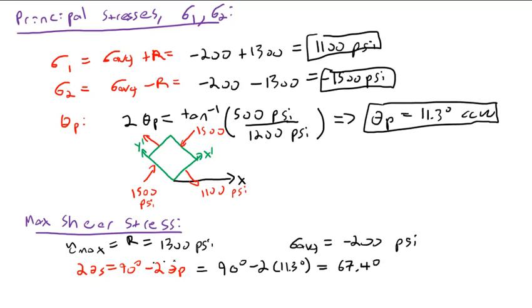That's what 2 theta s is equal to, which means that theta s is equal to 33.7 degrees clockwise, not counterclockwise, clockwise.